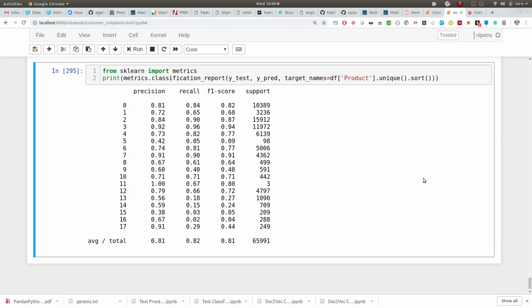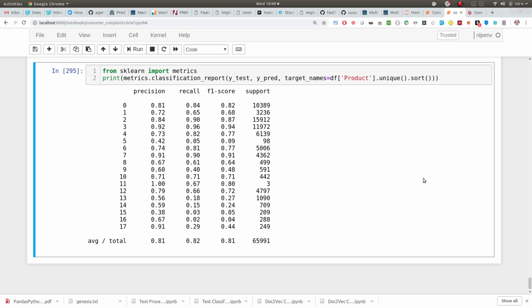Finally, we end this exercise by looking at a classification report which provides a breakdown of metrics. We will start with the precision score, which includes true positives and false positives.